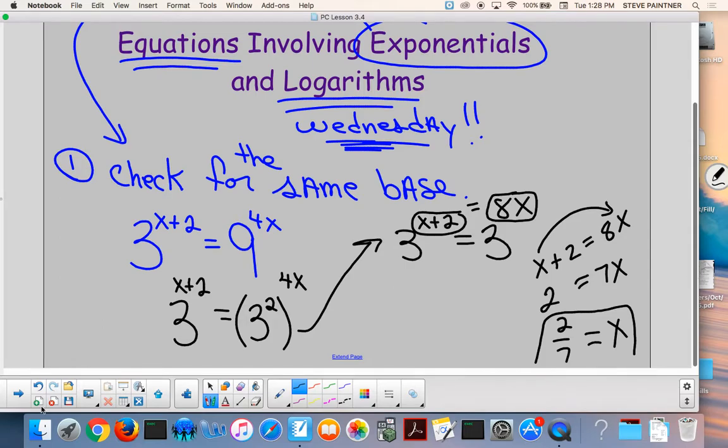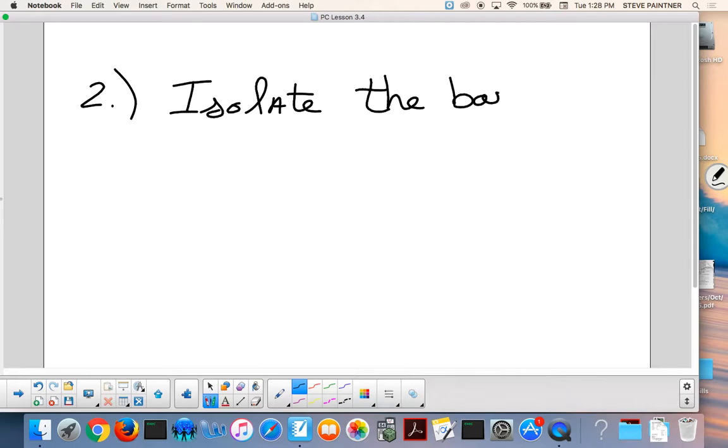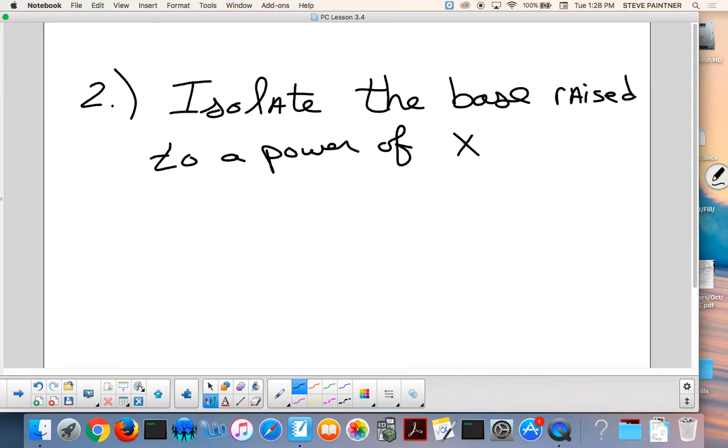Step 2. What if you don't have the same base? Then do this. Isolate the base raised to a power of x.